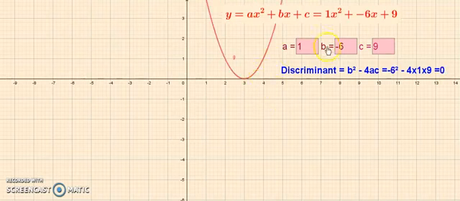Let us take one more case. Now when the value of b happens to be minus 6, again we get the discriminant as 0. So we can even notice now that it is touching the x-axis at one point. So we have seen 3 different cases, children.